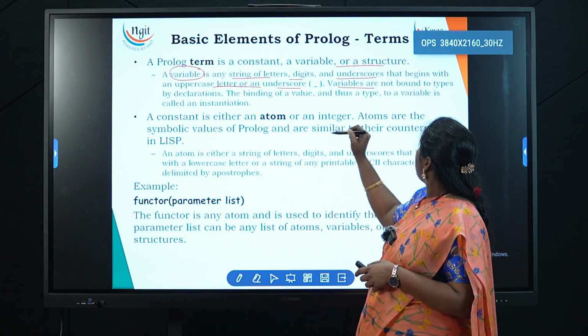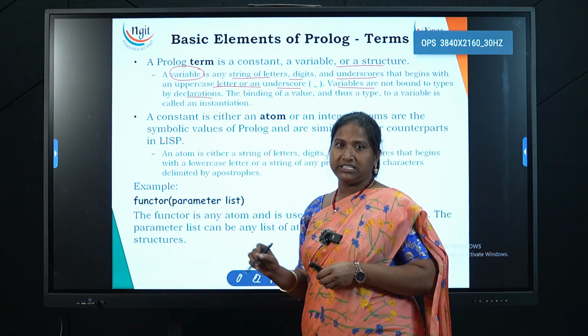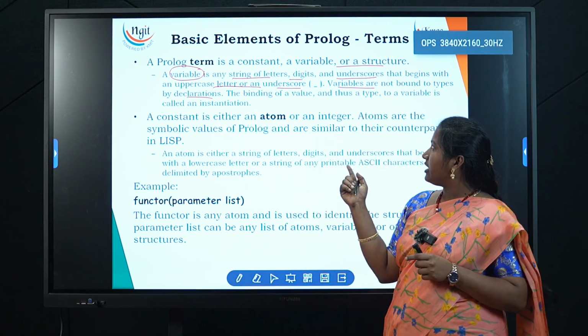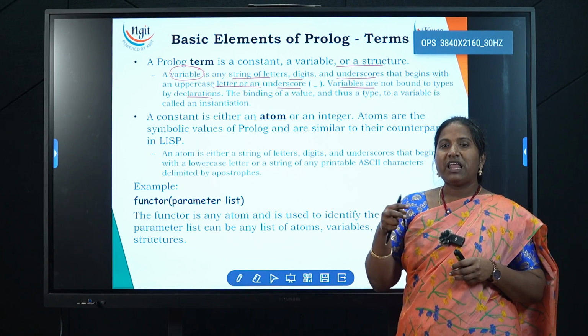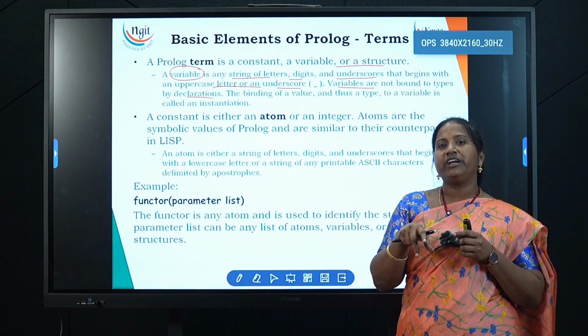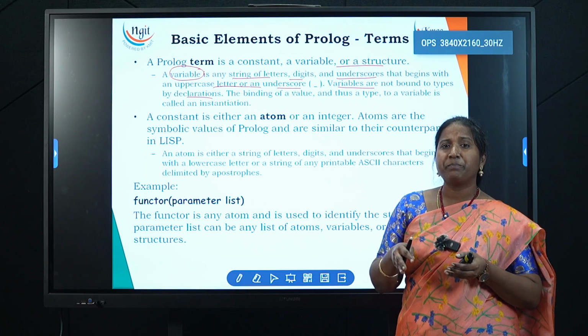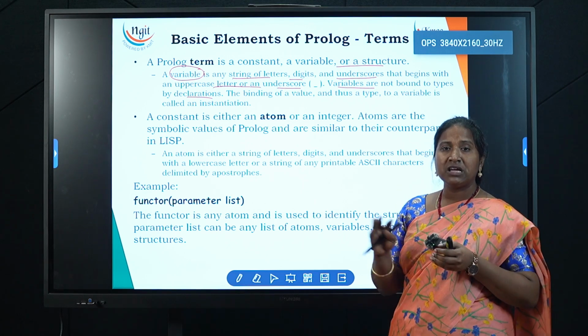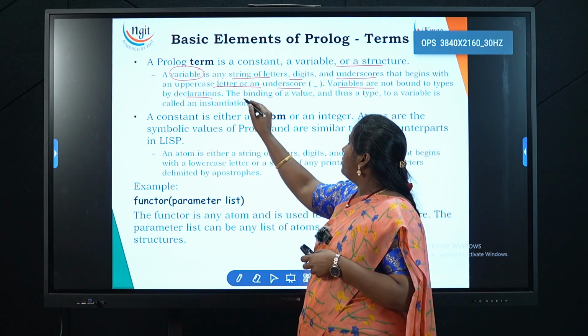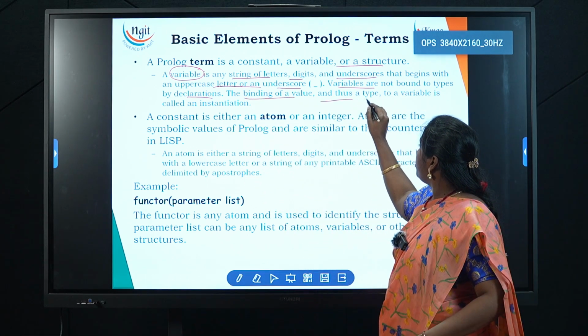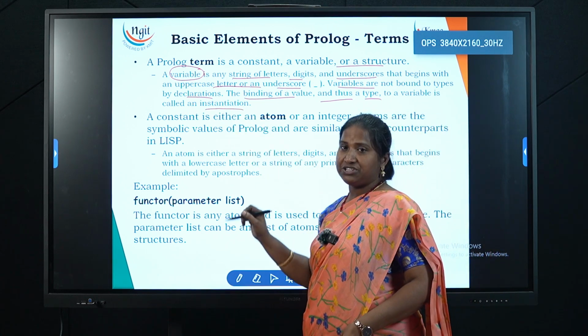Now, variables are not bound to type declarations. So here you can understand Prolog is a typeless language. The language which doesn't have any kind of data type in the instruction part, we say it is a typeless language. Prolog you can list under typeless languages. And the binding of a value and a type to a variable is called an instantiation.